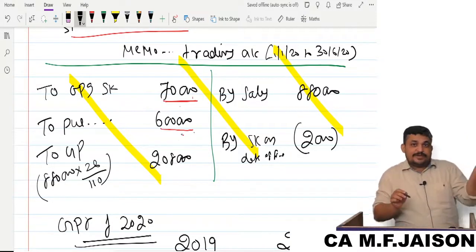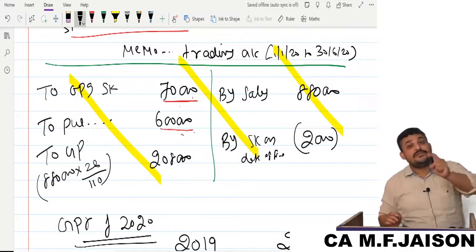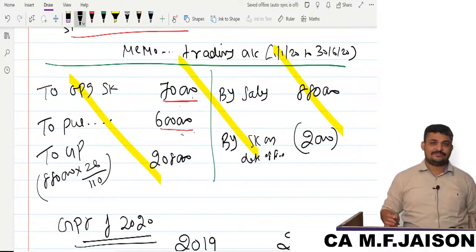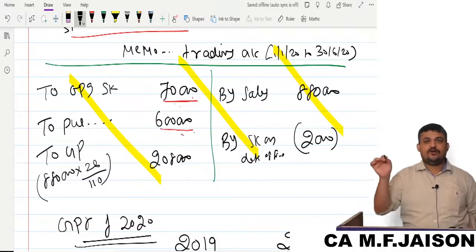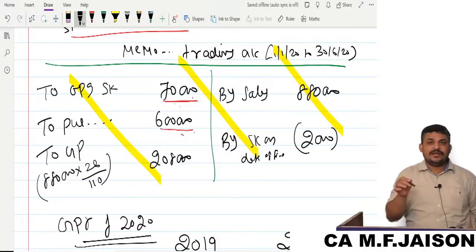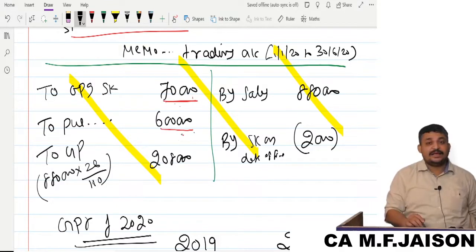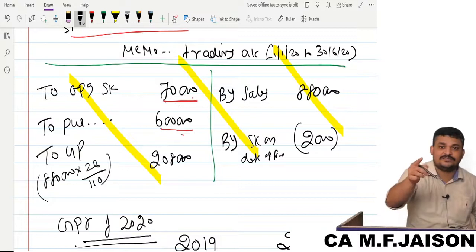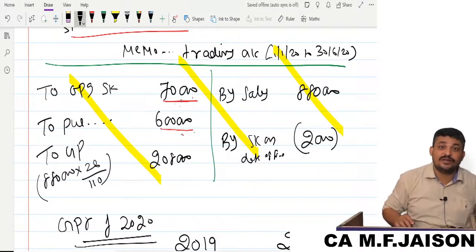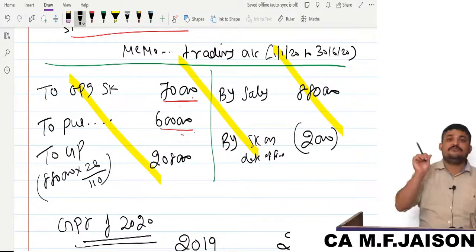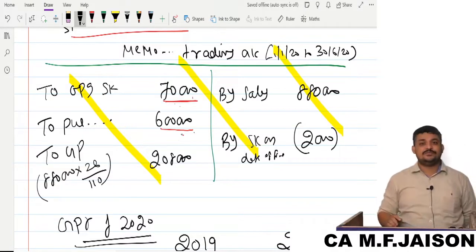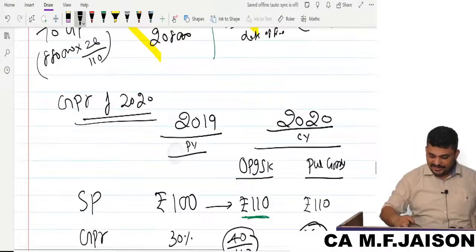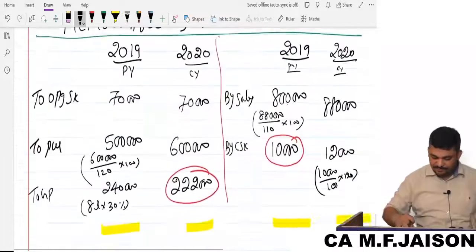The 20% increased price is also a profit margin to you, you should understand. 70,000 with a 20% increase is there, no? That is also profit margin. Why do I say profit margin? Because here I am taking as if all the goods were purchased at the new cost price, but this 70,000 was purchased at the old cost price. The differential portion is also profit margin. So thereby you have profit when you took it.